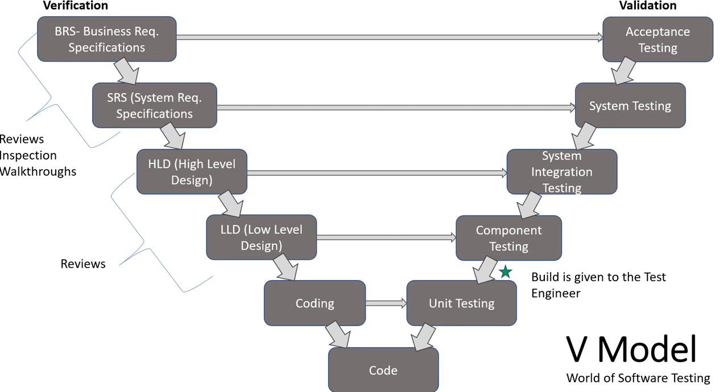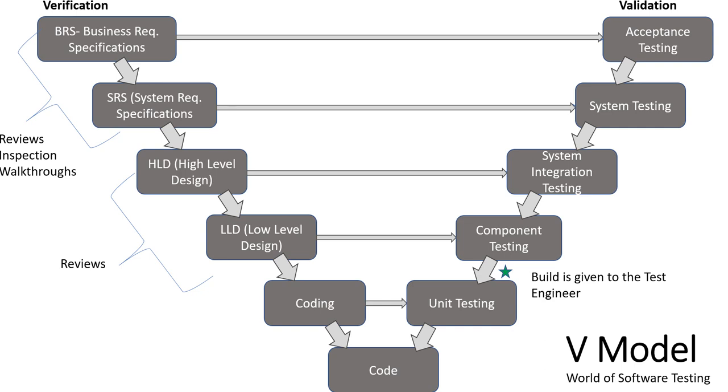So let's understand with the diagrammatic representation of the V model. You can see here a pictorial representation of the V model. On one side there is the verification phase, and on the other side there is the validation phase.